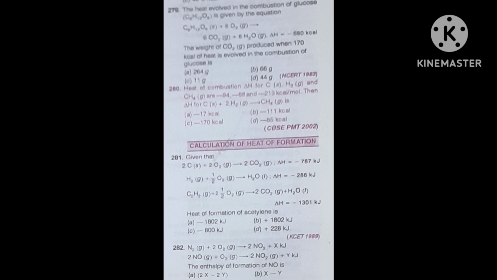The balanced equation is given: C6H6 liquid, and oxygen is 7.5 mole, and the products are carbon dioxide 6 mole and 3 H2O liquid. But while calculating the number of moles, you have to calculate only for gas, not for liquid or solid. Here no solid is there, liquid is there, but you have to calculate only for gas.